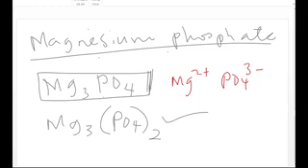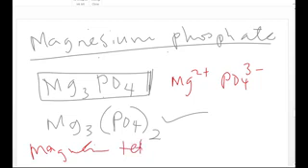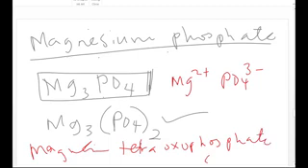We know this is also called, the IUPAC name is magnesium tetraoxophosphate(V). Apart from calling it phosphate, the IUPAC name is magnesium tetraoxophosphate(V). Is that understood?